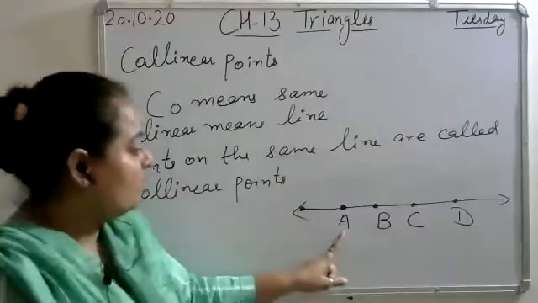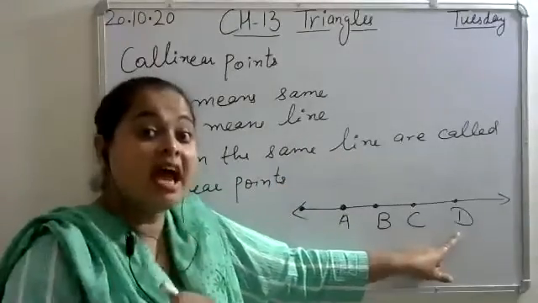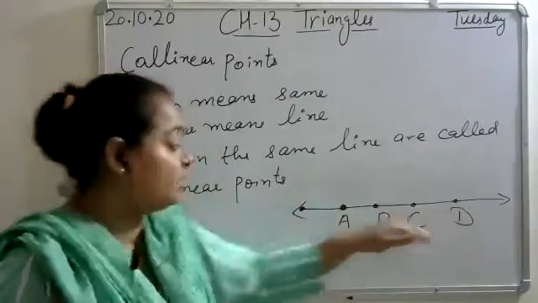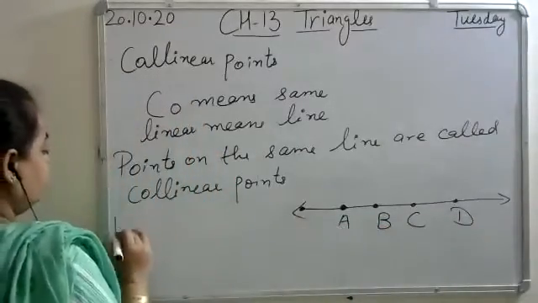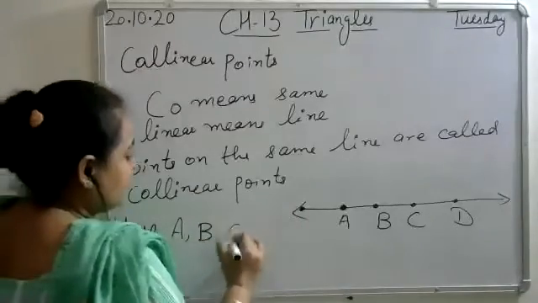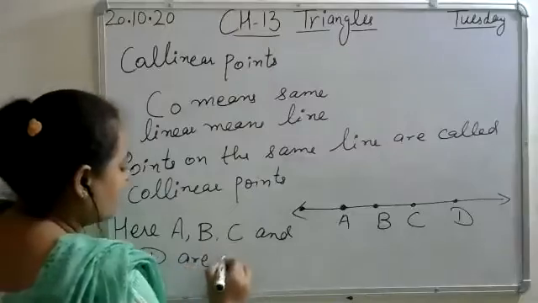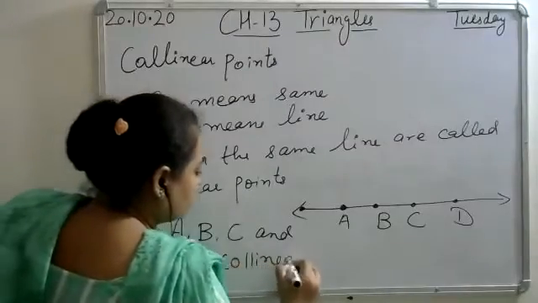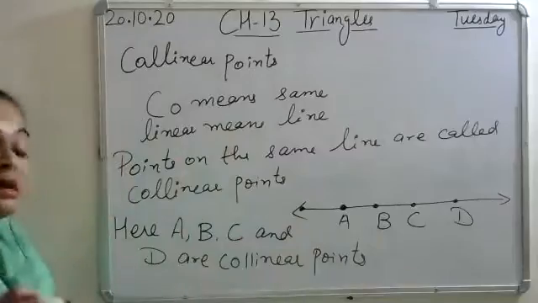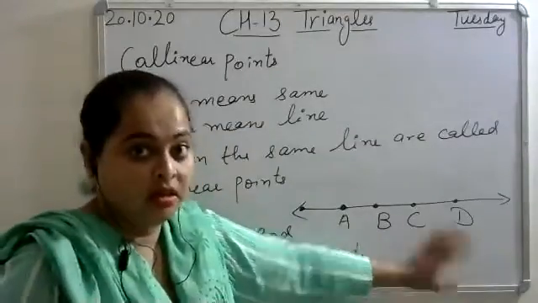Look, A, B, C, D: we have 4 points on the same line. It means here A, B, C and D are collinear points. So this is the meaning of collinear, points on the same line.